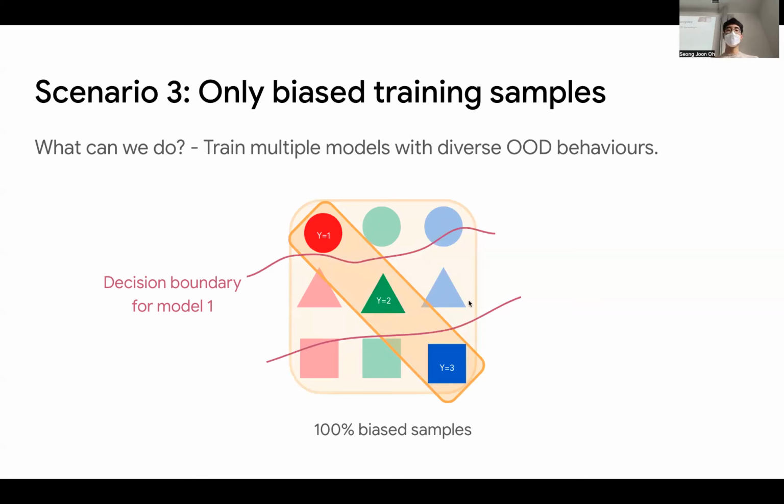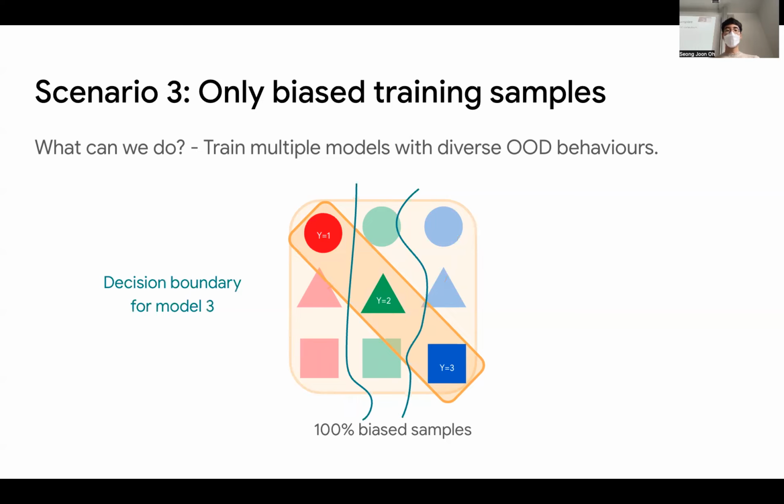But there's nothing that forces the model to behave just like that, because your second model can just be looking at this slanted decision boundary, which is not clearly cutting along any of the human interpretable cues here, but just making some random partitioning of the space. And let's say your third model is doing something like this, right?